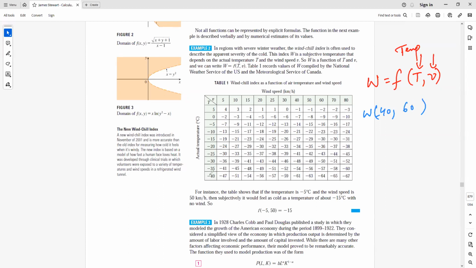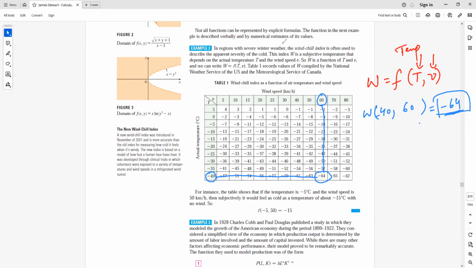So negative 40 temperature is here and 60 wind speed is here. So at the intersection of this column and this row, the point is negative 64. So the wind chill index at this point will be negative 64. Basically, this wind chill index shows the intensity of the weather, right?